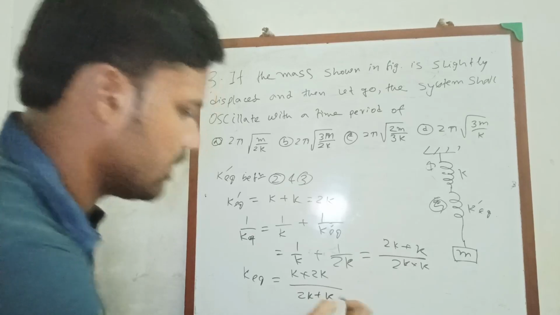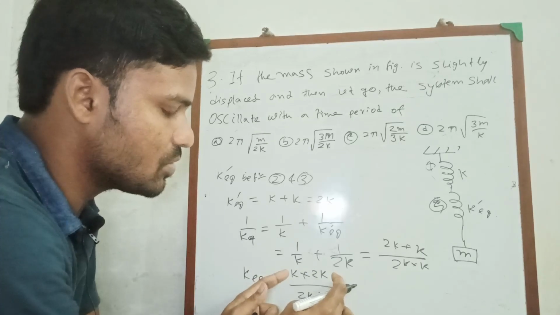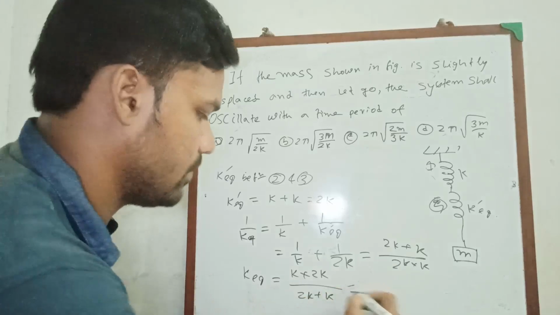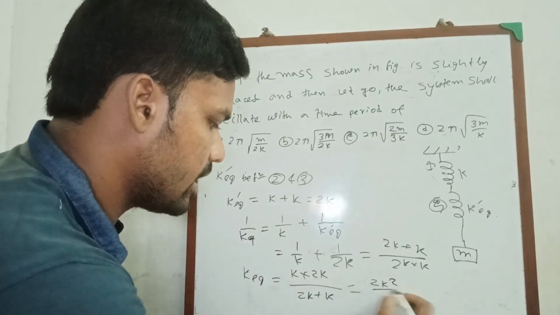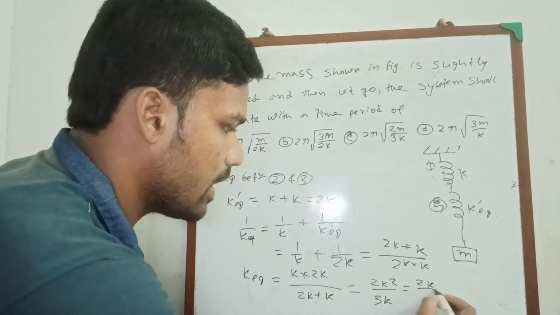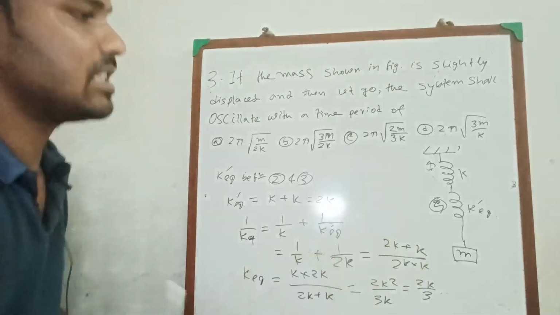You can just remember it as the product of the two spring constants divided by their sum. So that is 2k² divided by 3k, that means 2k/3. This is the equivalent spring constant.